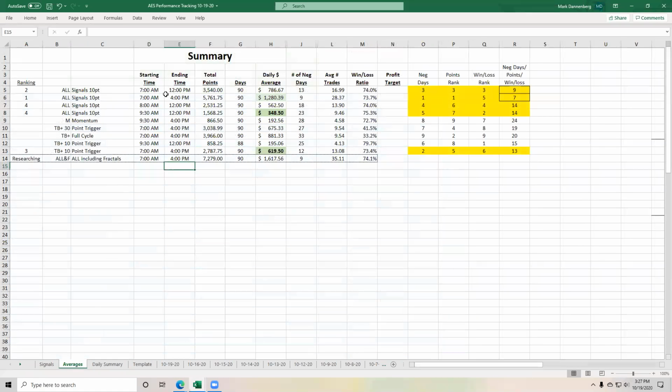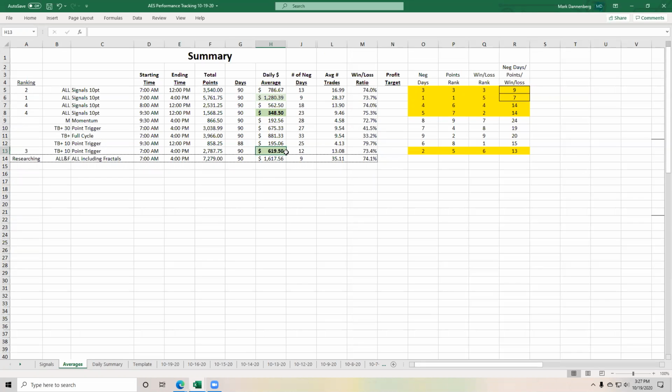So here is a snapshot of some averages. Here's the one that I just shared with you. That's one of the 2 categories that we profile in the personal trading plan. If we look back 90 trading days, remember, there's about 20 trading days each calendar month, then we have a $619.50 profit average daily.